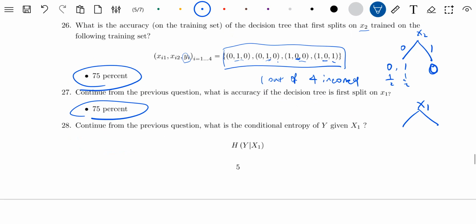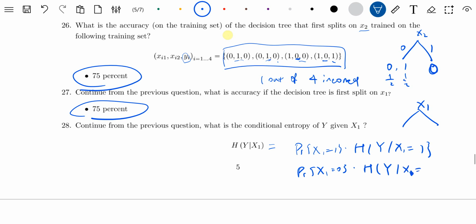So the interesting one is how to compute the entropy. So this entropy is just the probability of x1 is 1 times the entropy of y given x1 is 1, and probability of x1 is 0 times the entropy of y given x1 is 0. So probability of x1 is 1 is just counting how many there are. So there are 2 1s and 2 zeros, so it's half each.